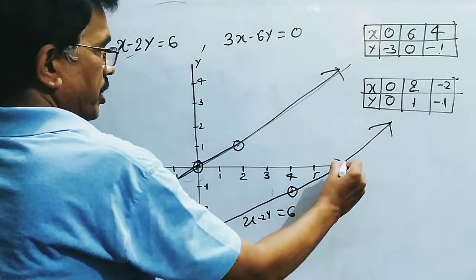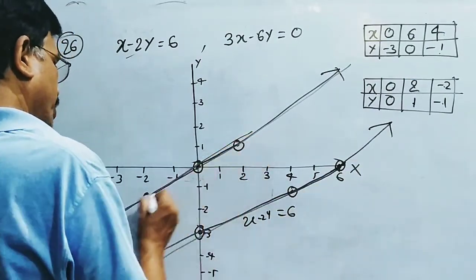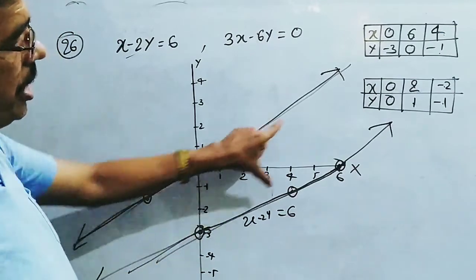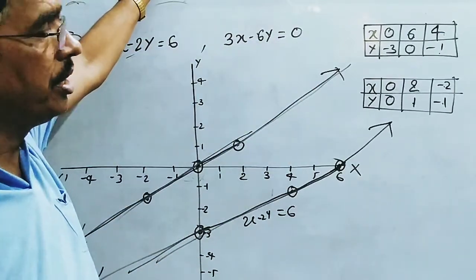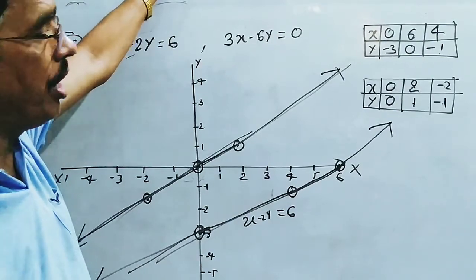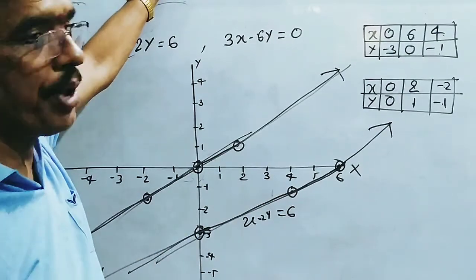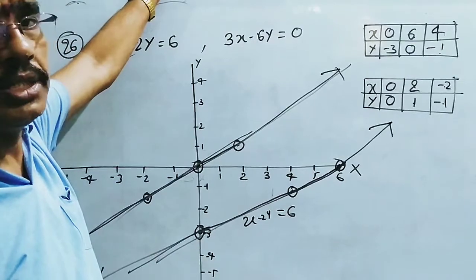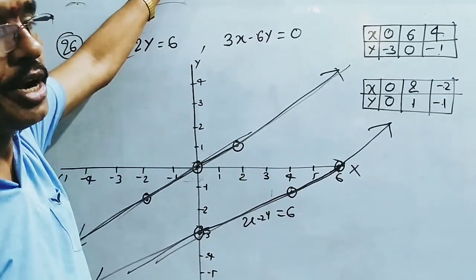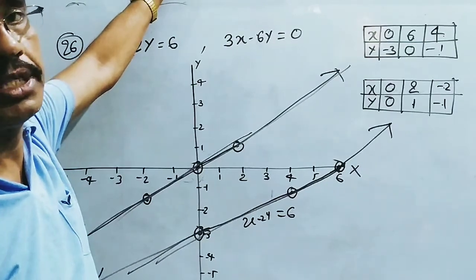Clearly, they cannot intersect each other. So we cannot find the value of x and y because both lines are parallel. Hence, this question has no solution, and it is called an inconsistent system.